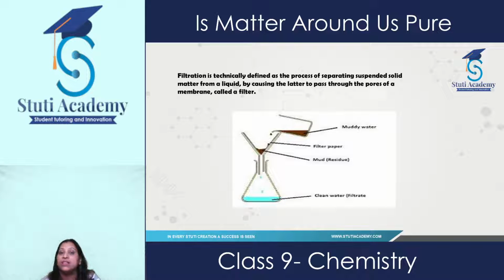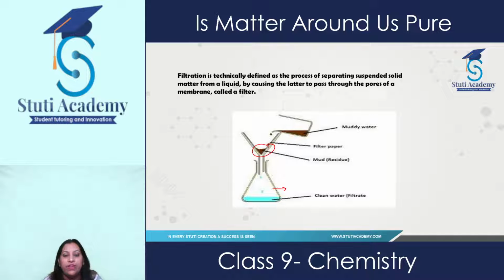When we take this muddy water and pour it onto the filter paper kept in this flask, as you can see in this diagram, the water passes through the filter paper easily and starts collecting in this conical flask, and the mud is left behind as a residue on the filter paper.